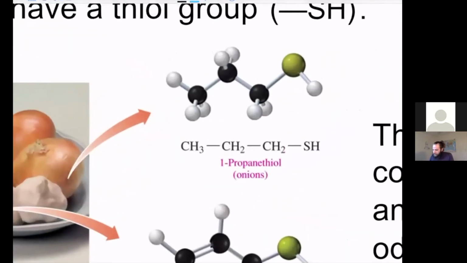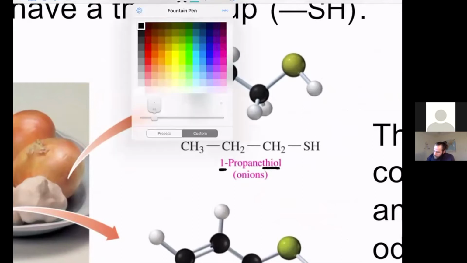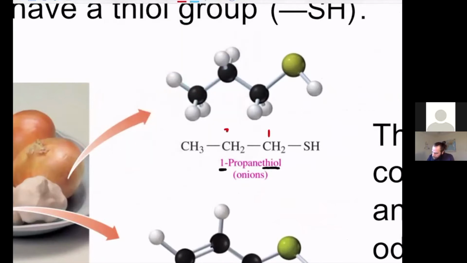Likewise, up here, this is one of the active ingredients in onions, 1-propane thiol. So let's see if we can pick this name apart. We have a 1 and that thiol ending, because we have our thiol group located on carbon 1, right? And it's 3 carbons long, so that's what makes it propane thiol.